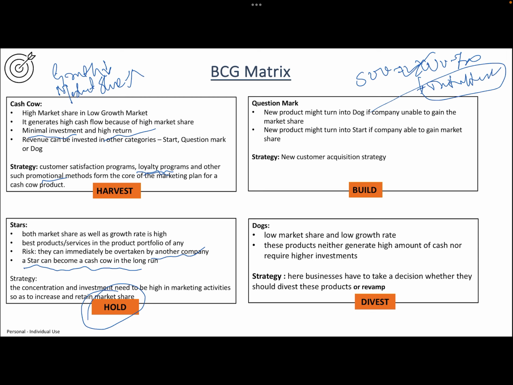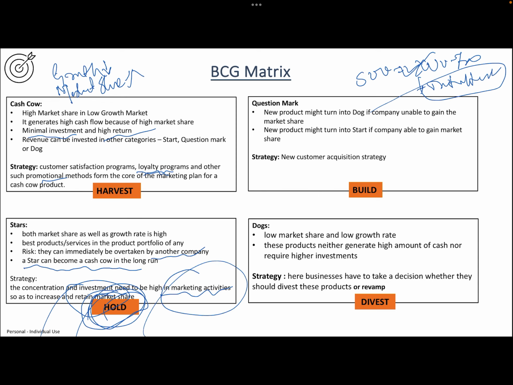So in this case, the strategy is to hold the position, and we should invest more in marketing activities because we are already a market leader and we have to keep that position. So we have to invest a huge amount in marketing activities.